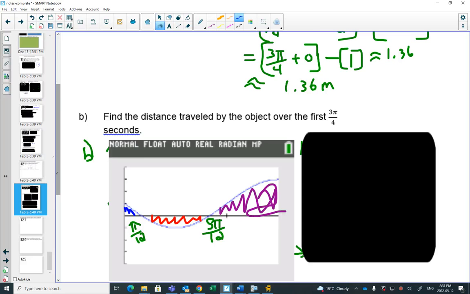So what we would first have to find are what are these points? How do we find that? We'd have to set our velocity equal to 0 to find out what parts of the curve are above, what parts of the curve are below.